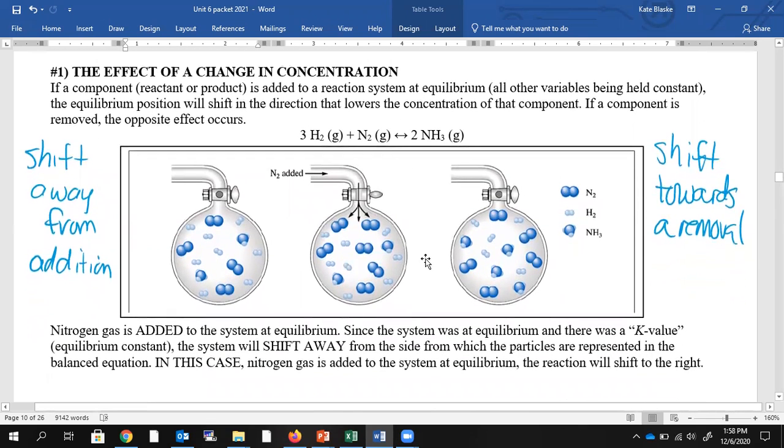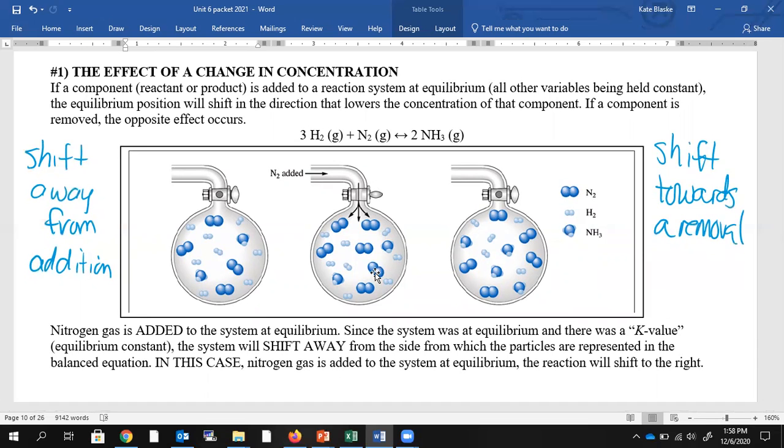So if I have this system, if I add nitrogen to the system that is already at equilibrium, I add some nitrogen in. Since I am adding in a reactant, that is going to cause my reaction to shift towards the products to use up some of that nitrogen, to use up some of that reactant that I added in, which means that the concentrations of hydrogen, nitrogen, and ammonia are all going to change after that addition.